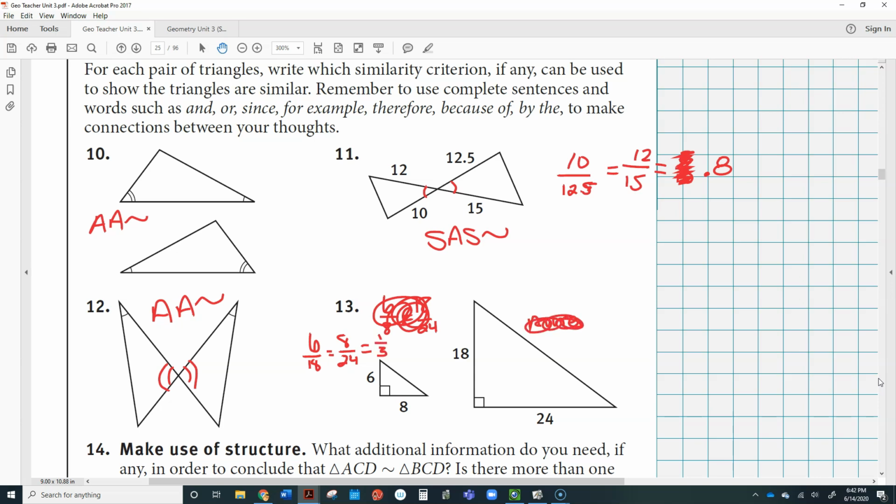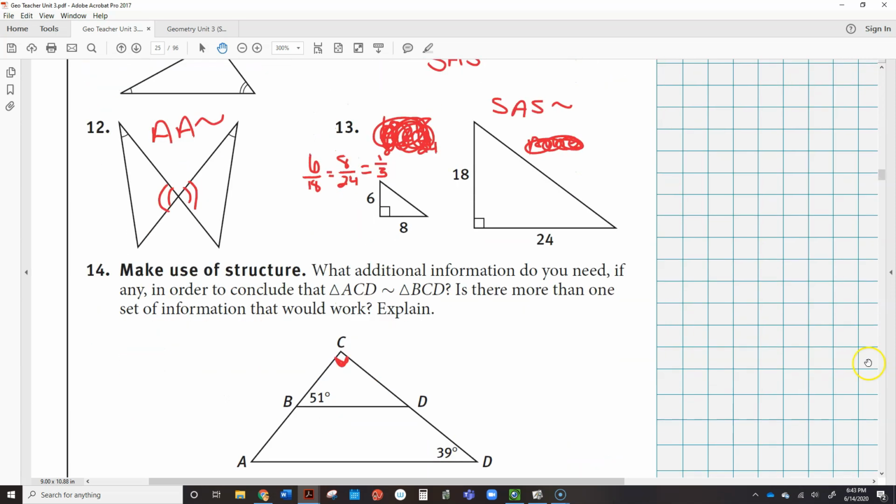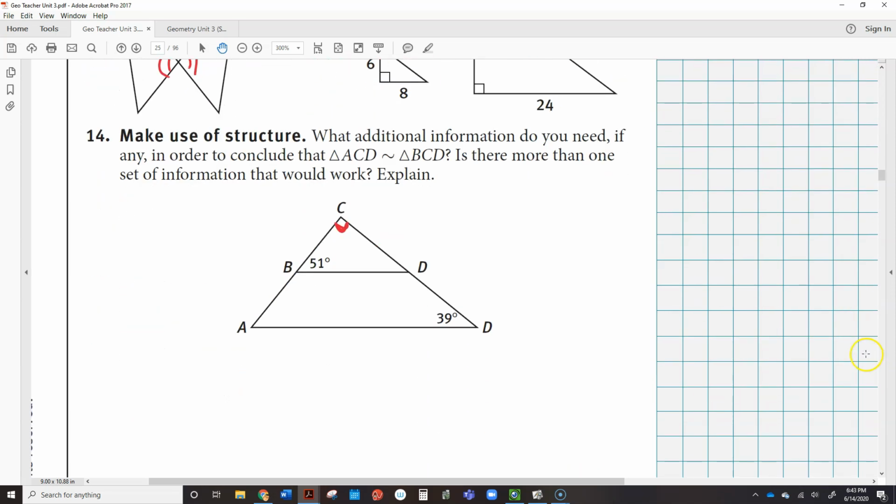So that one is actually side-angle-side similarity. We've got two pairs of proportional sides, and then the right angles that are included. Sorry, everybody messes up.